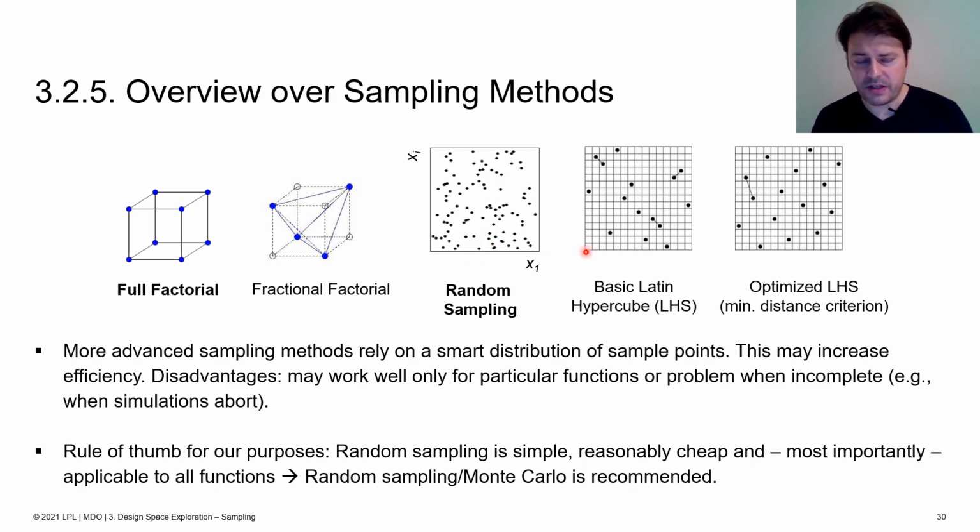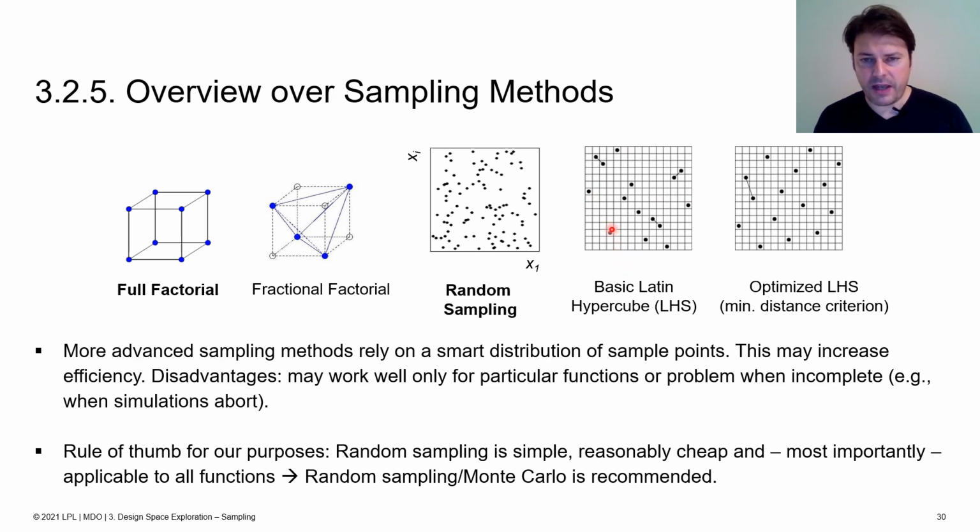For example, there's the so-called Latin hypercube sampling method, where you still pick designs randomly, but only within particular slots. So for example, here you make sure that each line and row will only get 1 sample point.